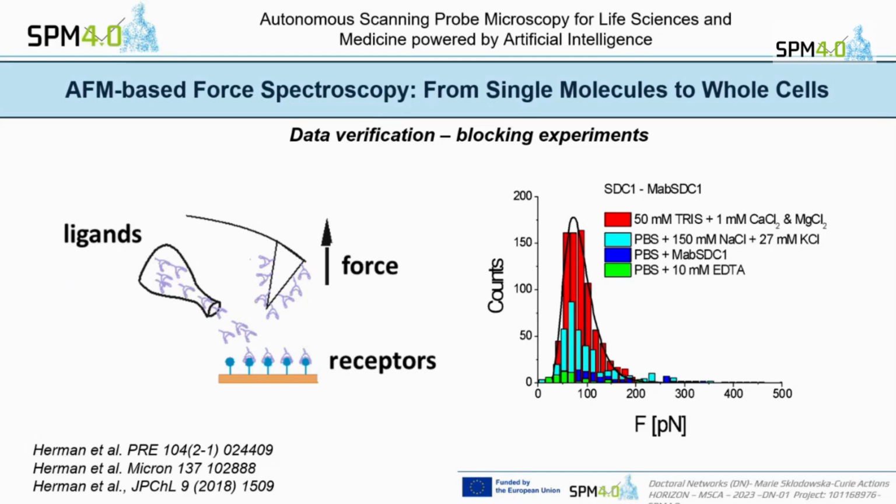Usually you do that by adding, for example, if you have lectins which bind sugars, sugars to the solution, wait a little bit and start scanning later, and you should observe that the number of force curves with unbinding events will drop significantly.